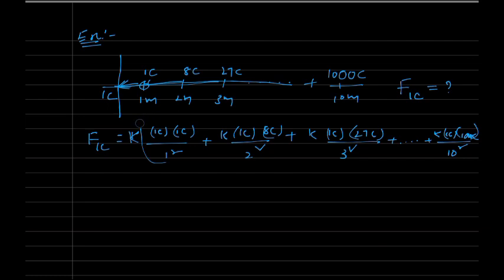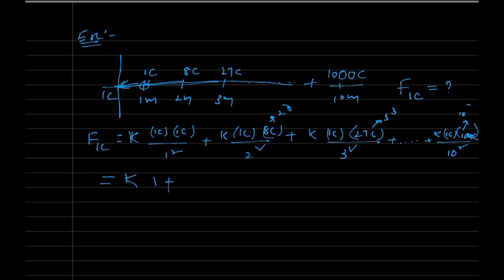So I'm taking K as common here. Now what I'm going to write is the first term is 1, and the second term, as you can see, 8 coulombs can be written as 2 cube, and 27 coulombs can be written as 3 cube, and 1000 coulombs can be written as 10 cube.